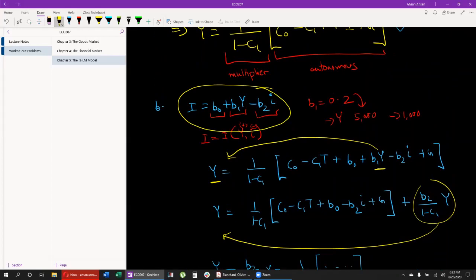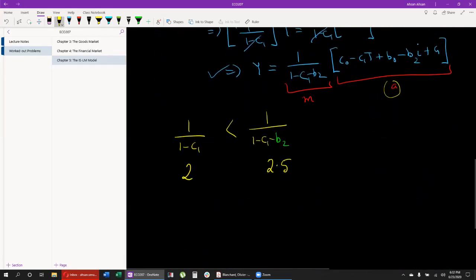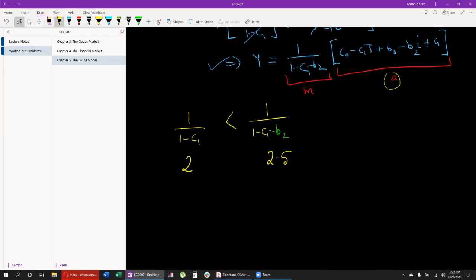By endogenizing the investment, what we have done is now we've made sure that as our income is going up, a part of our income is invested. Initially, investment was fixed. Regardless of what was happening to our income, investment was fixed, but now it's no longer fixed.